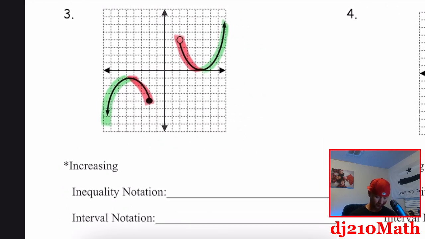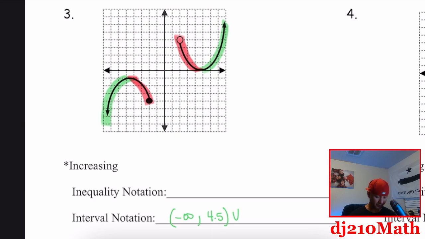Okay, so the increasing parts, the green parts, we're going to be from the left, from -infinity up to, what is this? 1, 2, 3, 4.5. Union.